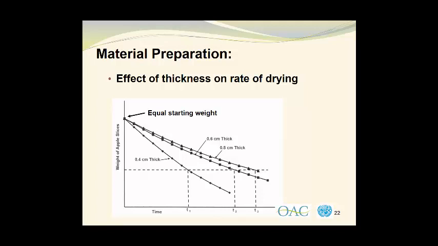In all of these trials, we began with an equal starting weight. The thickness of the slices were 0.4 centimeters, 0.6 centimeters, and 0.8 centimeters.